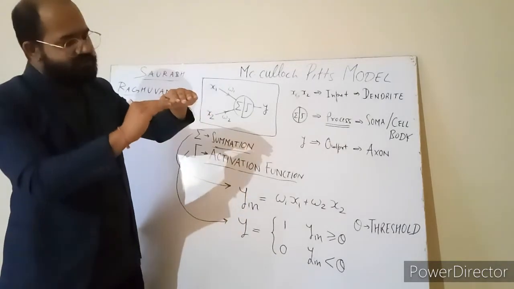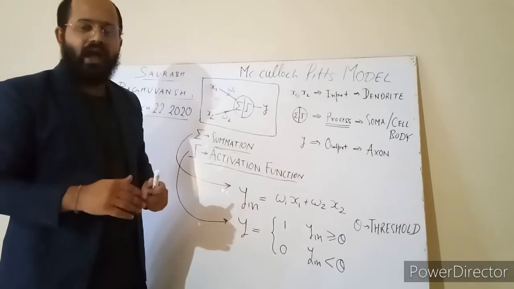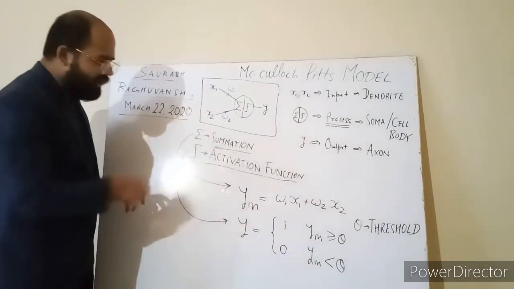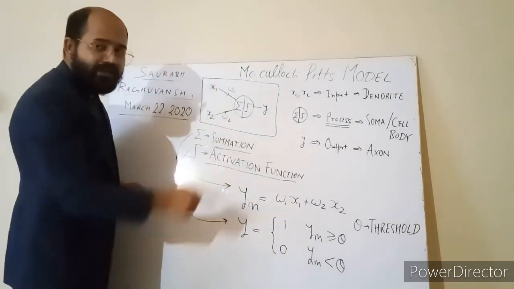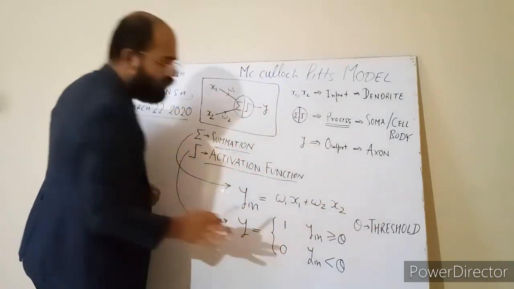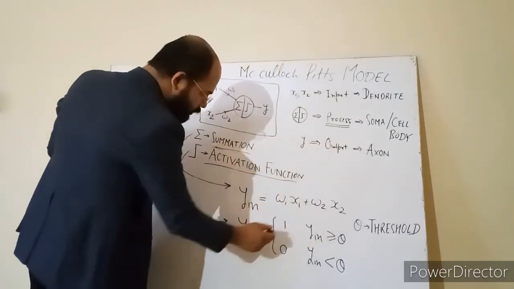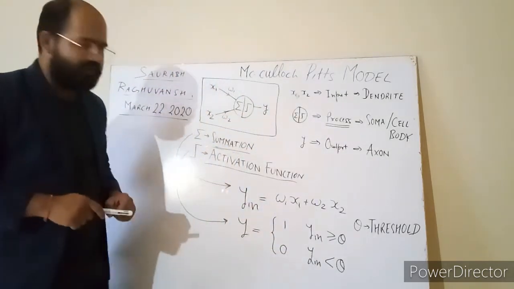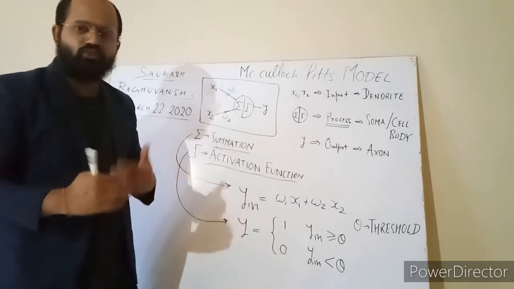Once it crosses this level, the gates open and the water flows out. In the same way, with thresholding, if the input y in, the intermediate variable, is greater than or equal to theta, which is the threshold, the output is 1, and when it is less than theta, the output is 0. We can take any value of theta we want. It's simply 1 or 0.